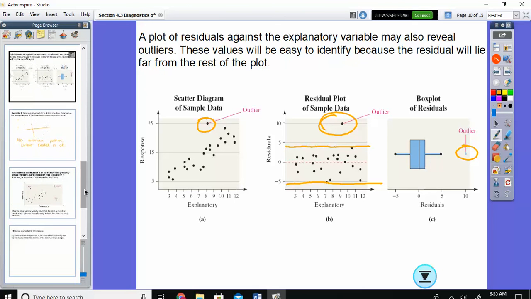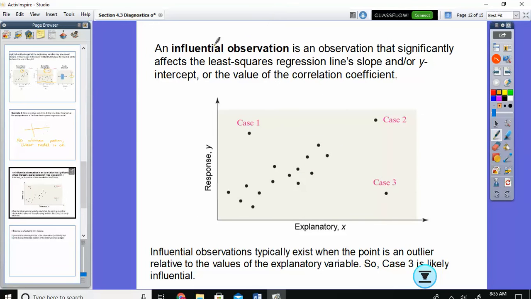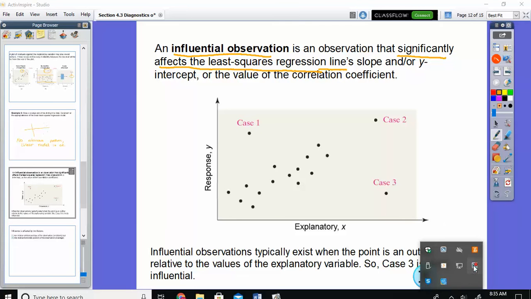We might talk about an influential observation. So if it's influential, it significantly affects the regression line. All right, so I'll let you write that definition down, and then I'm going to talk about the 3 outliers in this picture. So we can have outliers that really aren't a big deal.